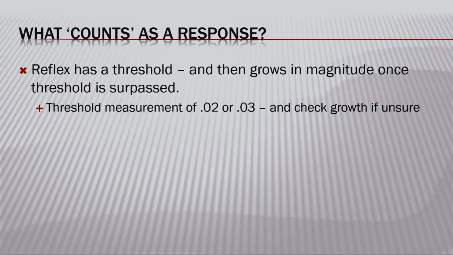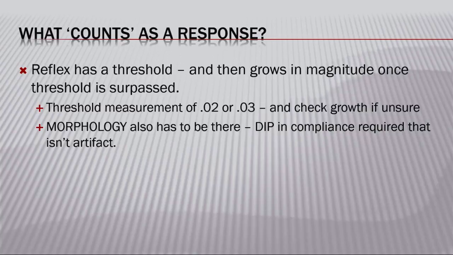So as an example, if you present a sound at 80 dB and you measure the reflex and you get a 0.02, but you're not completely sure if they were just breathing or swallowing or if it's really a reflex, you go up from 80 to 85. If it was a true reflex, the reflex should grow, from 0.02 at 80 to 0.03 or 0.05 or 0.06 as you get louder. And I'll show you some samples.